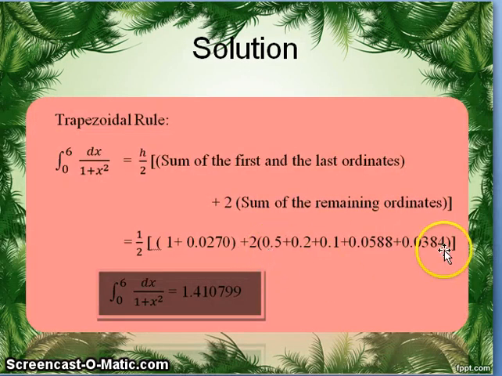You want to substitute all the remaining ordinates and add those values. After that you want to multiply with the 2, and if you simplify these values, you will get the final value of the trapezoidal rule to be 1.410799.